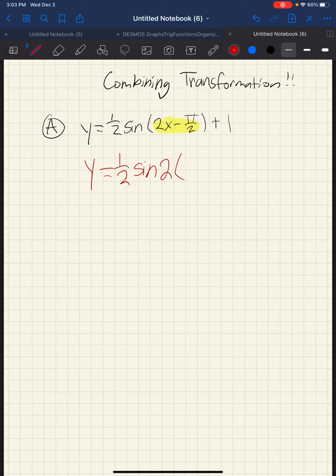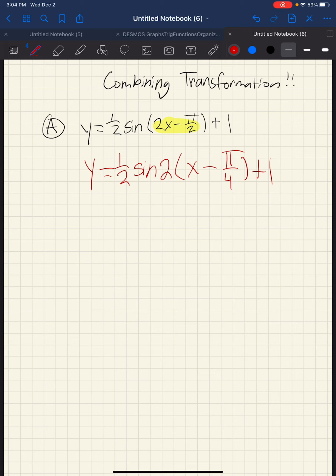We're factoring the 2 out of the parentheses, so we get x. Once you do that, this will be pi over 4 instead, and then plus 1. All right. For this one, I would like for you to describe to me each transformation. Once you are done, we will continue through the video.